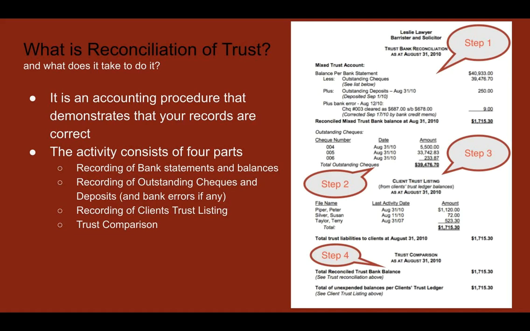And while this comparison takes place, you are basically analyzing whether all the deposits and withdrawals that took place at your bank have been recorded under the respective client's trust ledger. Currently, we're discussing trust reconciliation.